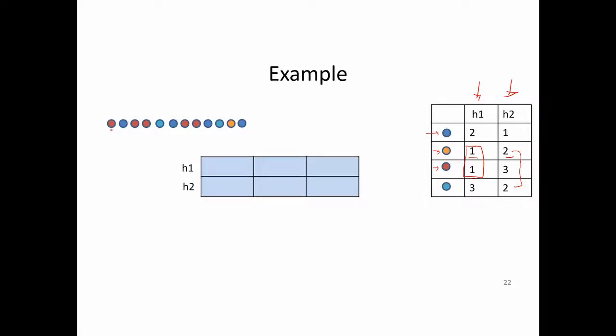Let us see how things are estimated. First you have red, count is 1. h1 is 2, so we add 1 mark here, and h2 is 1, so we add 1 mark here. In this case your w is 2, your d is 3.